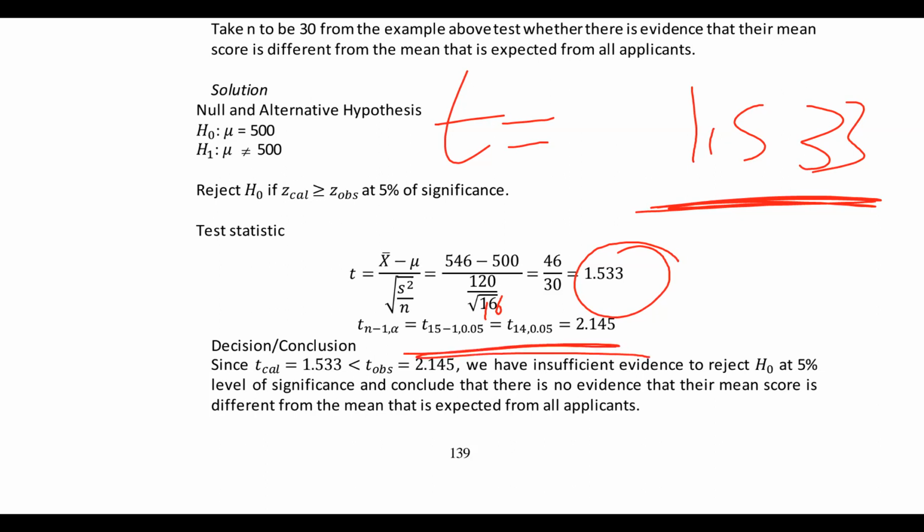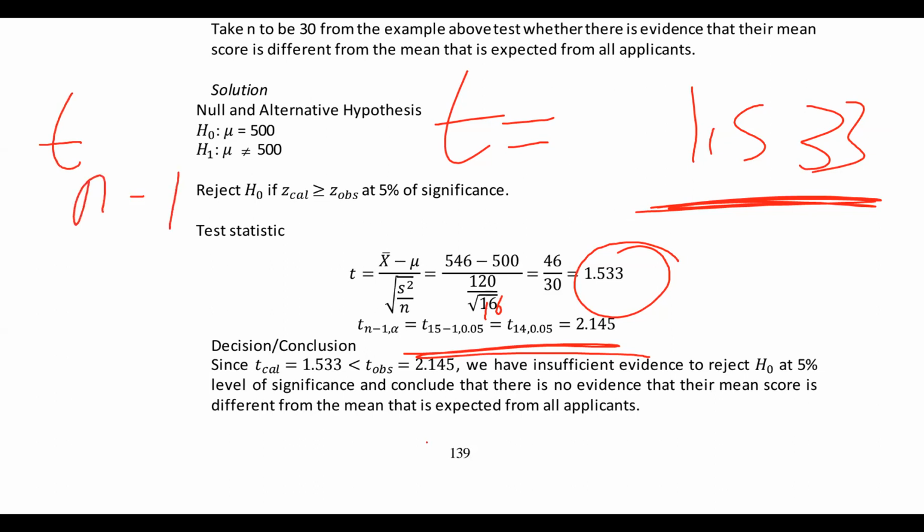But how do you do it? The formula is this one. If it is right-tailed, what you do is you say your T value will be gotten by saying the sample size minus 1.